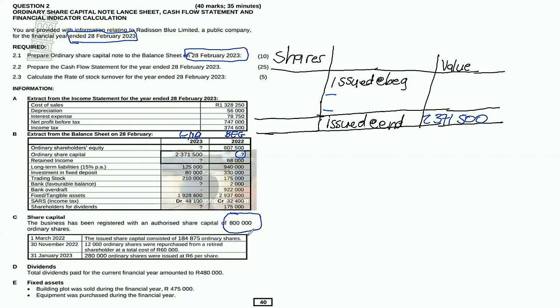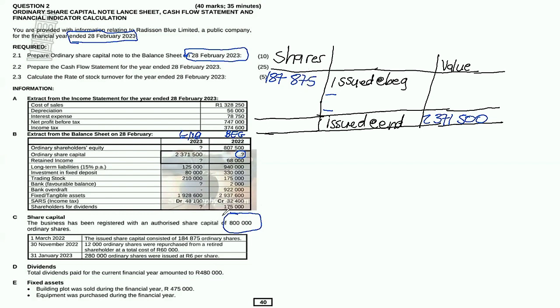So the business has been registered with an authorized share capital of 800,000 shares. However, on 1st March 2022, meaning at the beginning, the company share capital consisted of 187,875 shares. So our shares issued at the beginning was 187,875.